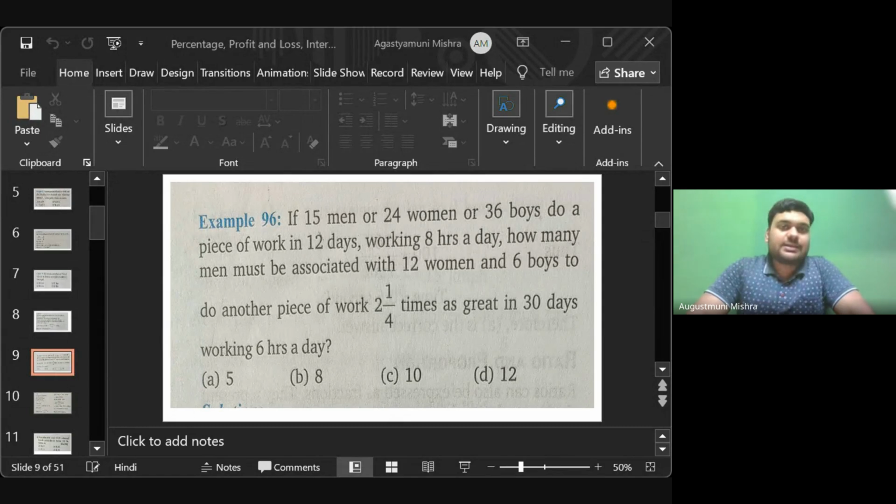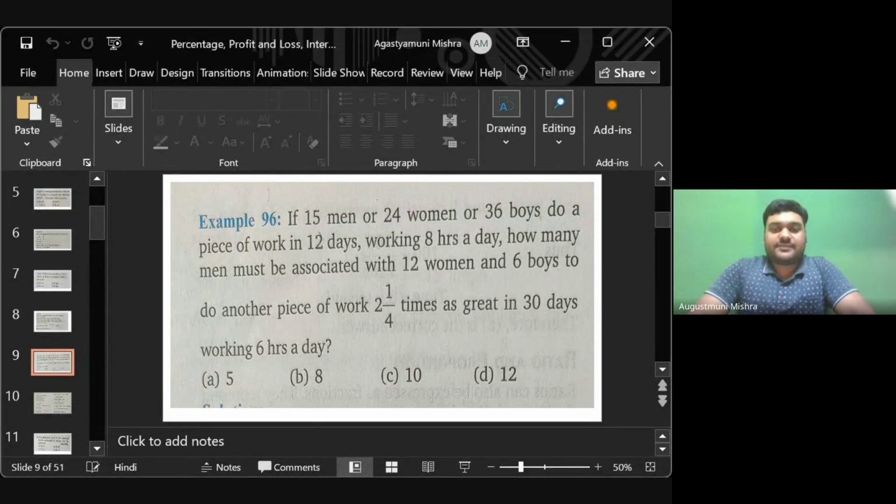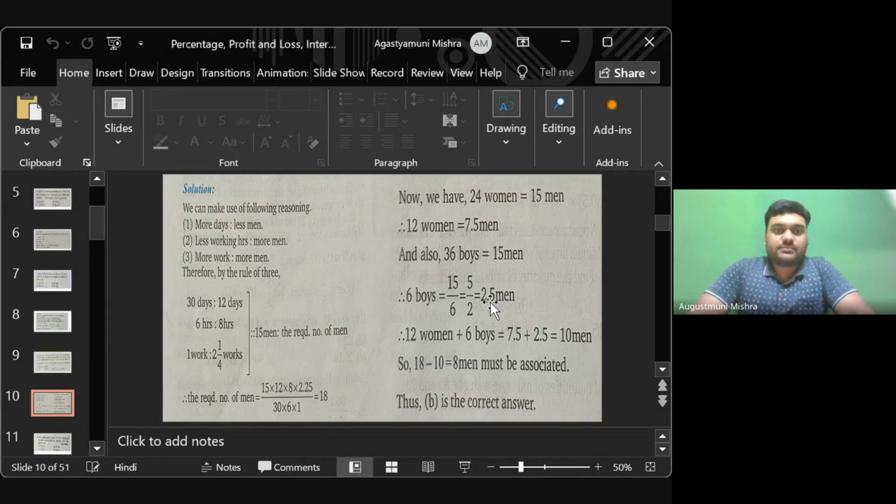Okay, I think it is taking too much time, so I'm changing this slide, because we have to solve another question also. I think only 1 response was received, from Bhavya, that is B. I'm going to change this slide. So the correct answer is B.